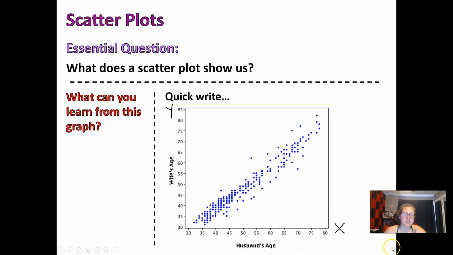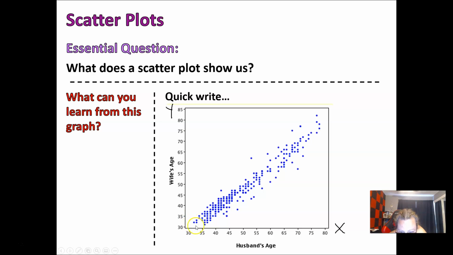So in this particular graph, the x's represent our husband's age, and the y's represent a wife's age. So each of these little points actually represents a couple. It represents a husband and a wife. For example, let's find one that's kind of clear.